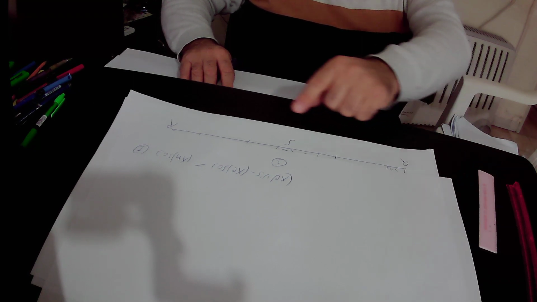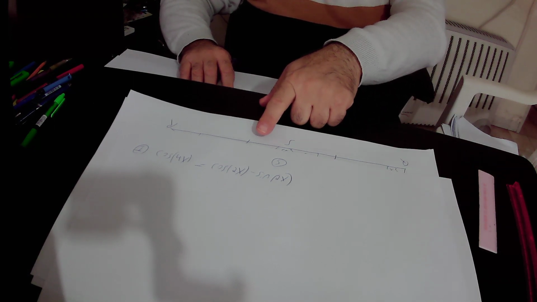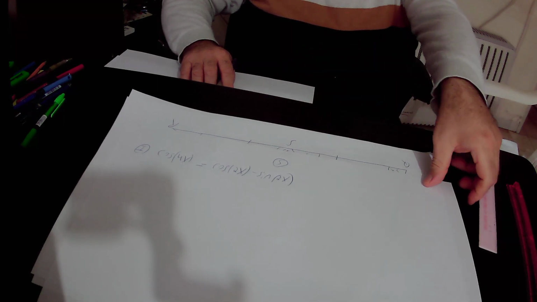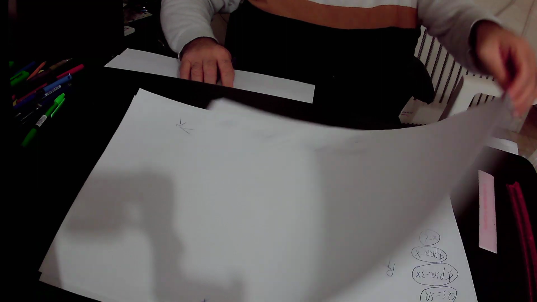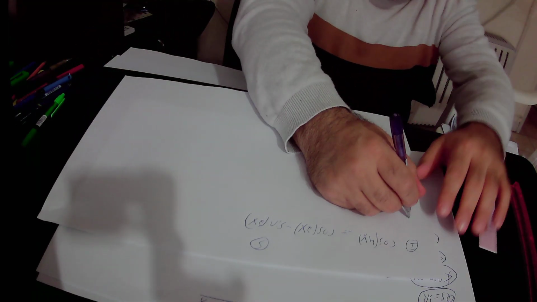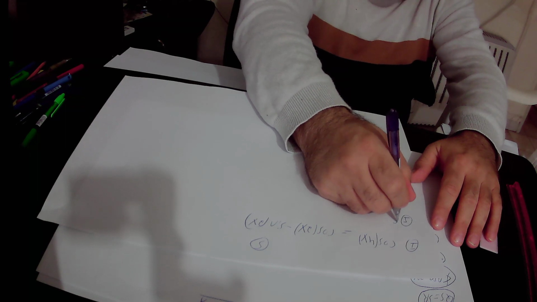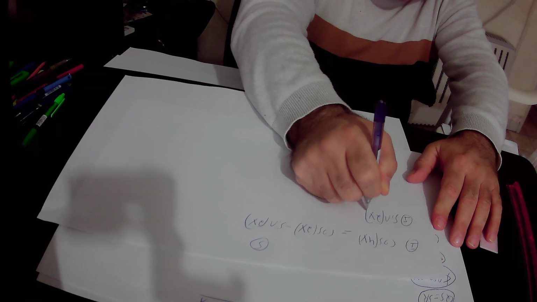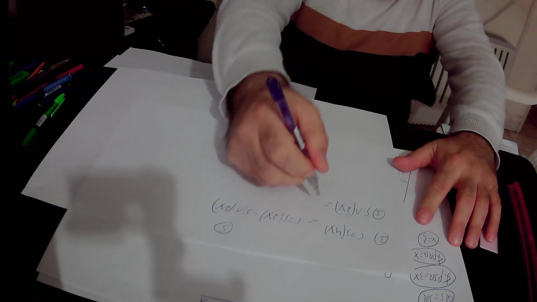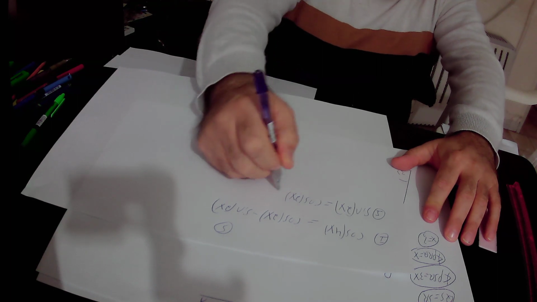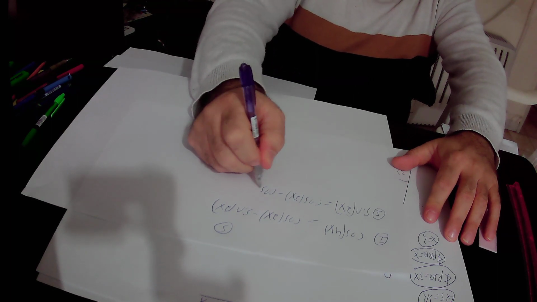Here we will add sine 2x to this equation number 1, and we will subtract cosine 4x. And we will get that here sine 2x is equal to cosine 2x minus cosine 4x.